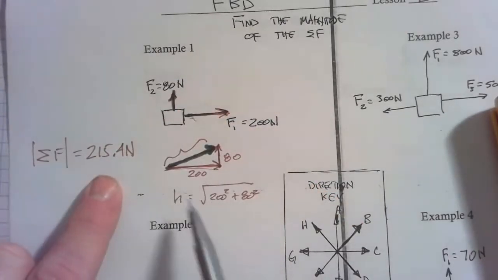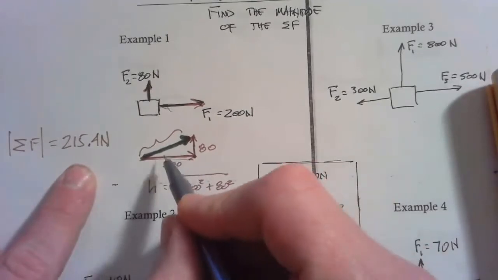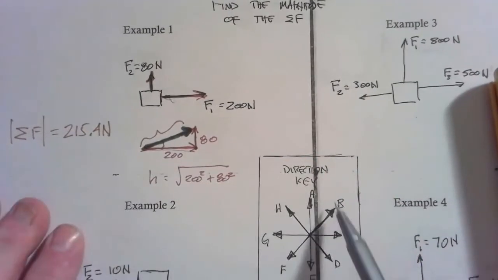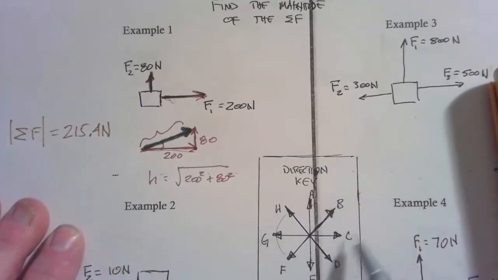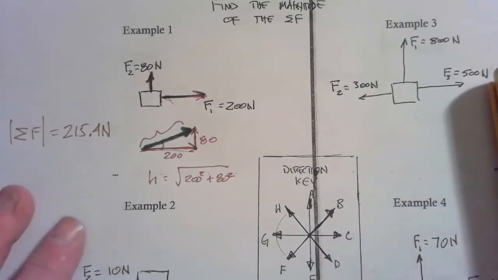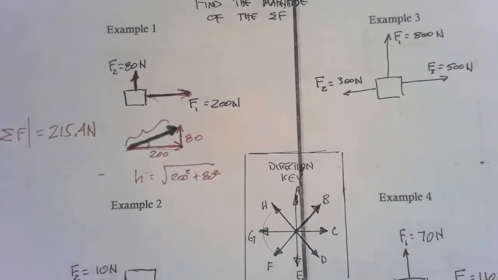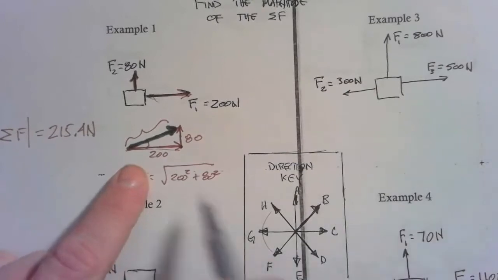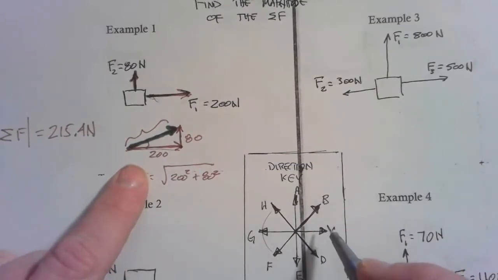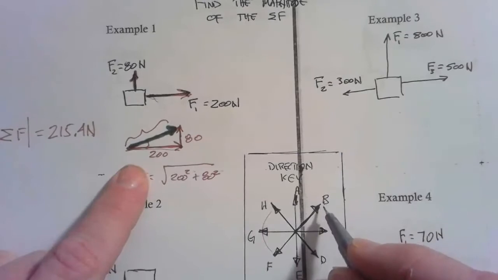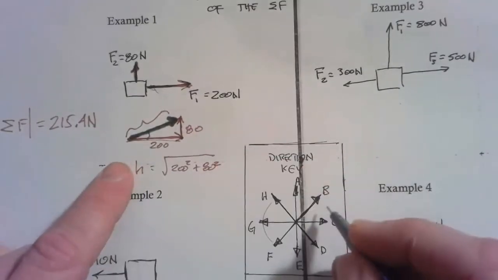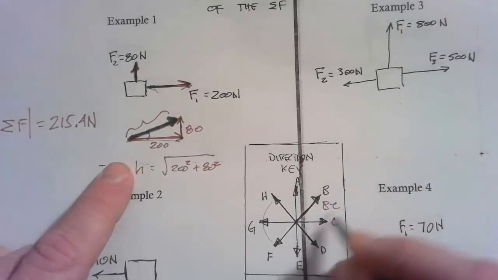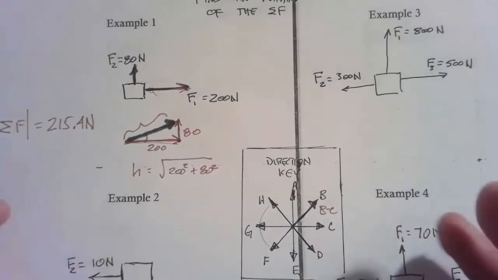Now, what about the direction? All I'm asking you to do right now, instead of finding this angle, is to tell me which one of these directions it's closest to. In this case, you could say B. I would agree with this. B is up and to the right. If you wanted to say BC, kind of saying it's in between B and C, that's fine too.